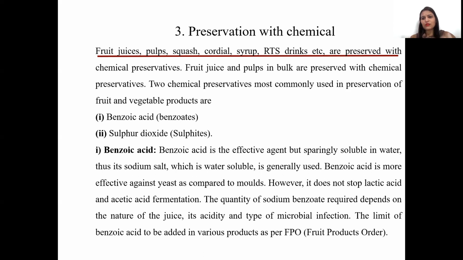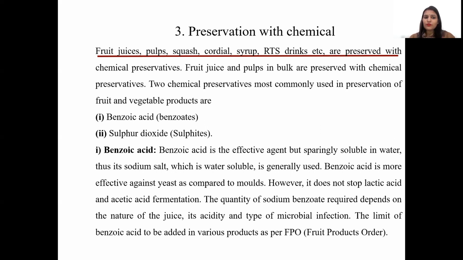Suppose we take 1 gram of sodium benzoate, we can dissolve it in 1.8 ml of water. Instead, with 0.84 gram of benzoic acid, we have to take 100 ml of water for its solubility.